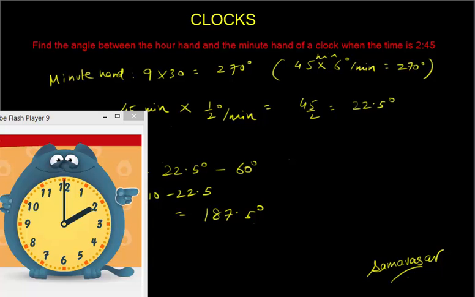Just to reiterate why we are subtracting the initial angle of 60 degrees, take a look at this clock again. In this case, the minute hand is traveling this much, which is 270 degrees. But to calculate the angle formed between the hands, we need to subtract the amount that the hour hand has traveled, which we just calculated as 22.5 degrees, but also the initial angle.